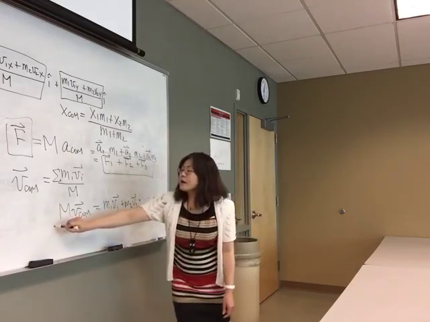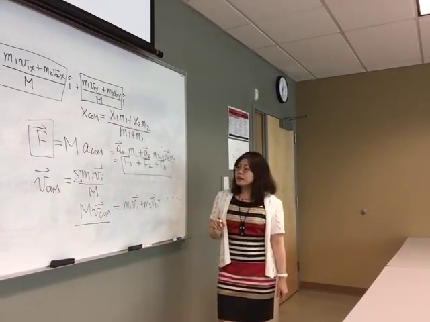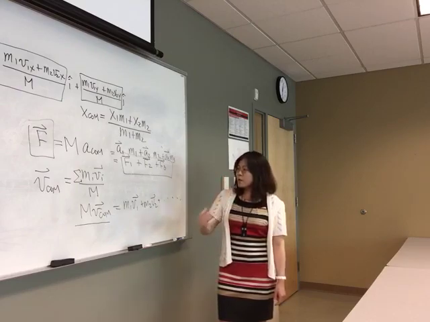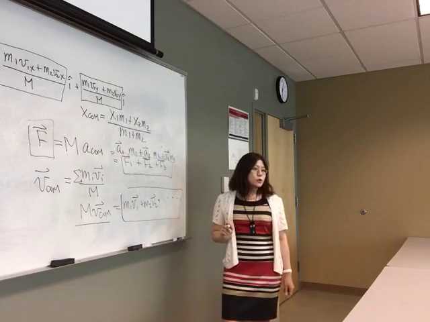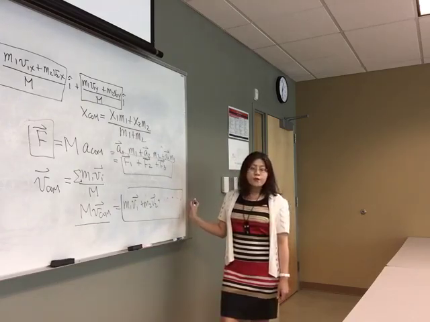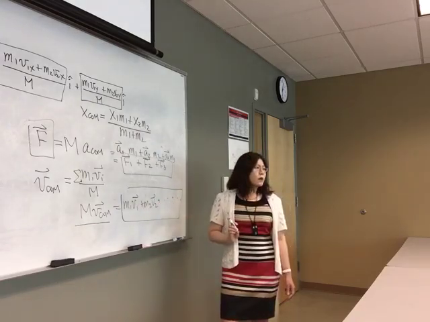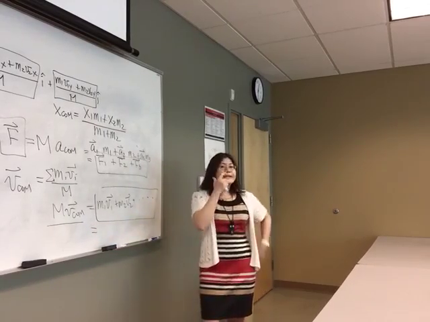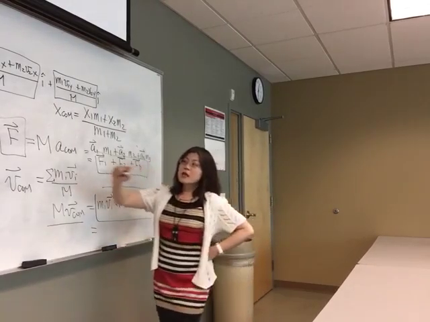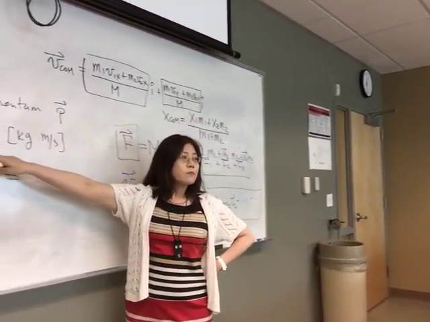So the total mass times the velocity of the center of mass is equal to m_1 v_1 plus m_2 v_2 plus m_3 v_3 and so forth. What is m times v? m times v gives you momentum.